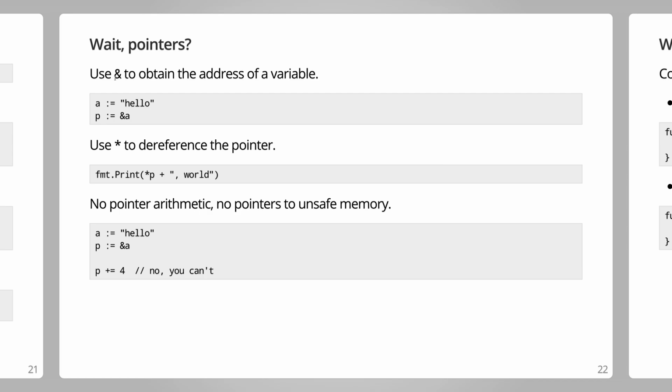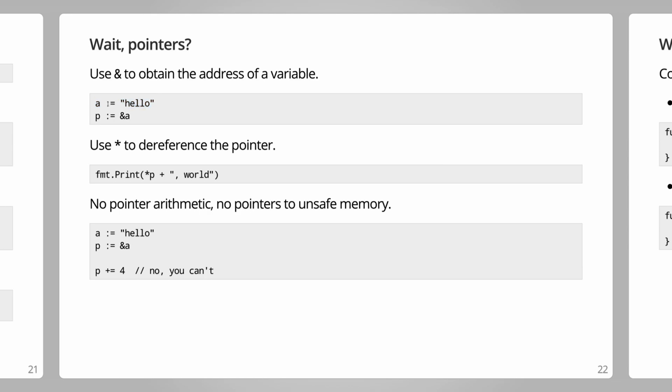And pointers in Go use the same notation as pointers in C. So if you declare a variable here, a string hello, and assign it to the variable A, by the way, this colon equals is the assignment operator, and you can write assignments like this in Go.